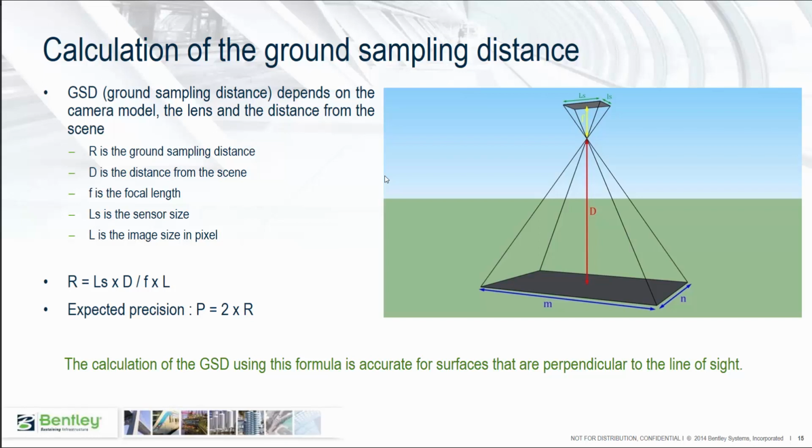The expected precision will be about 2 times the photo resolution, meaning that if you have a ground sampling distance of 1 centimeter per pixel, you can expect a precision of 2 centimeter for your 3D model. The calculation of the GSD using this formula is accurate for surfaces that are perpendicular to the line of sight.